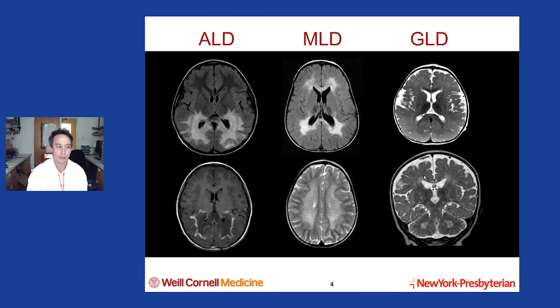And what I'm going to do is give you an understanding of the untreated natural history, what the transplant outcomes look like, so what we've been trying to do to treat these disorders over the past 20 years, and then novel therapies that are in trial right now and coming down the line, notably gene therapy. So I'm going to start with adrenal leukodystrophy.